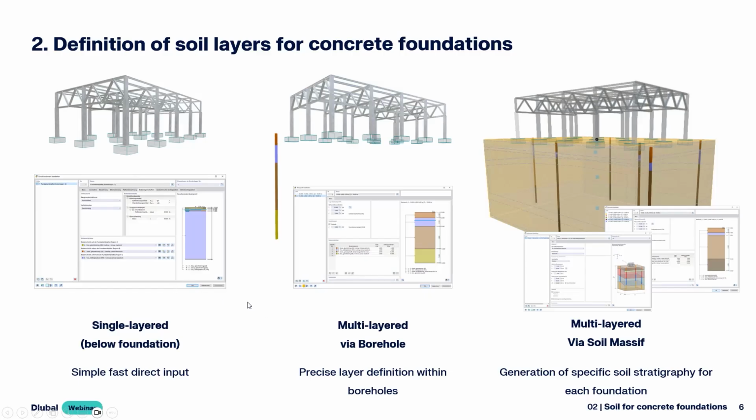If you have a layered soil below the foundation and you want to consider this and define it, we provide the option to use the borehole dialog. For the add-on concrete foundation, the borehole dialog is provided too, so no geotechnical analysis add-on is needed for using this solution. There you can go to the borehole as we showed for our advanced half-space method, define the soil layers, assign them to the foundations and use them.